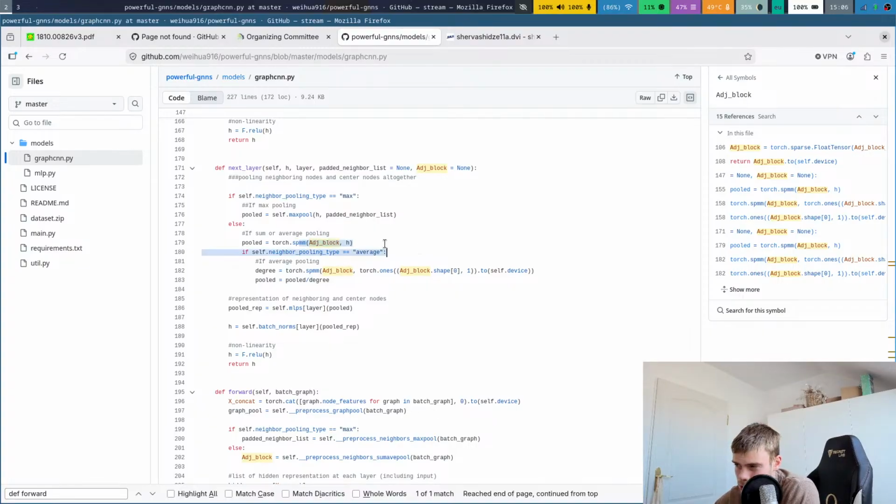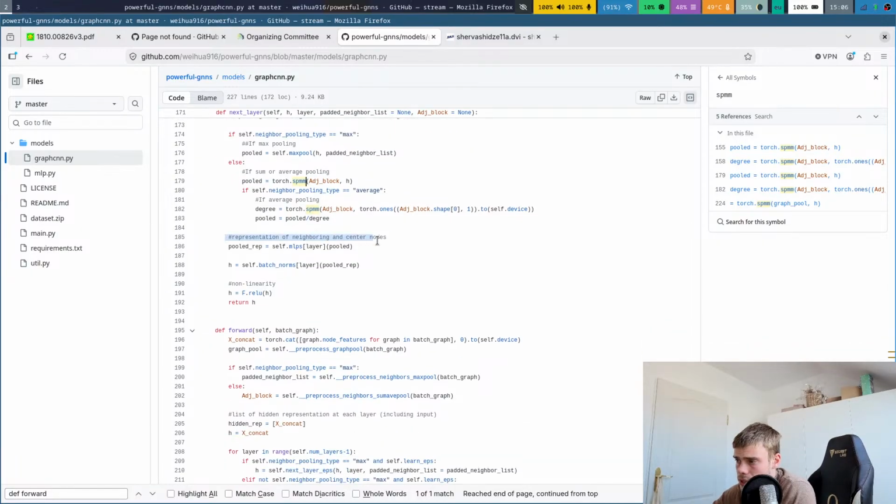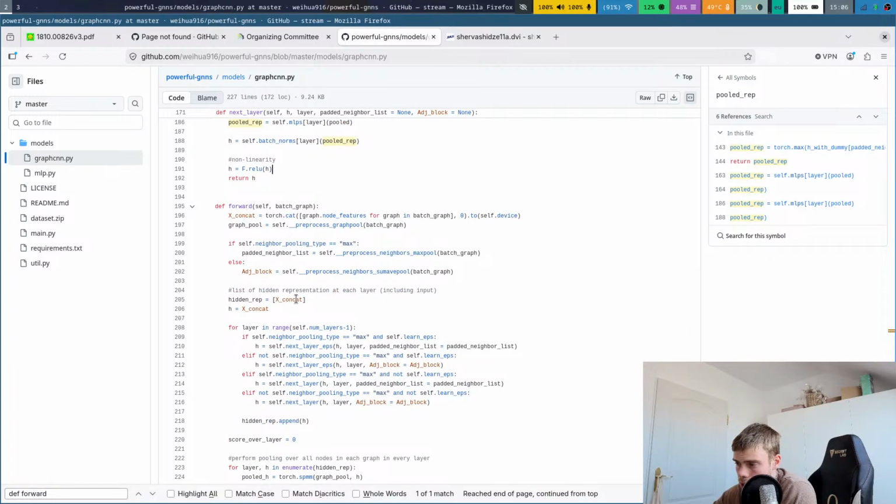So this matrix multiply probably does the aggregation across the neighborhood. Representation of neighboring and center nodes. We then apply an MLP, which is exactly this formula we had. We then do a batch norm and we apply a ReLU.